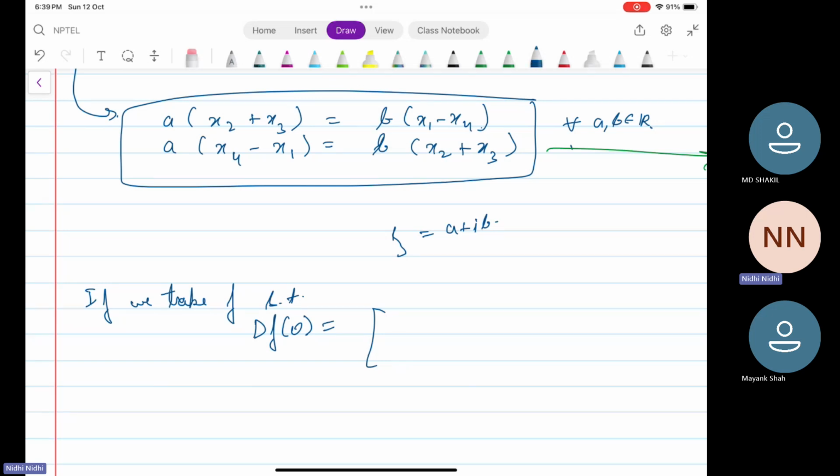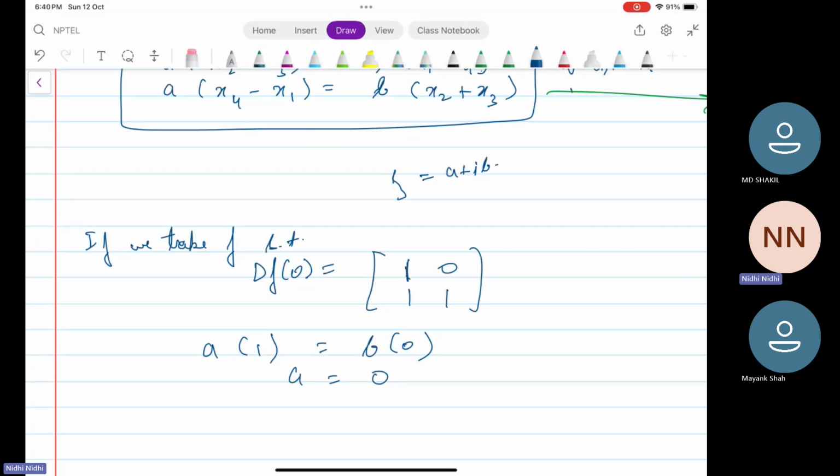So what I took was 1, 0, 1, 1. In this case, if we look at the first equation, a times x2 plus x3 is 1 plus b times x1 minus x4 is 0. So that means a is equal to 0. That is also showing that we cannot prove it for every a, b.